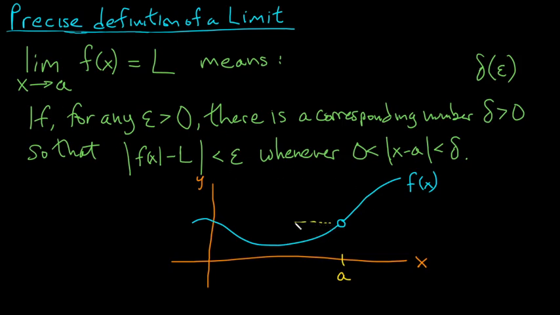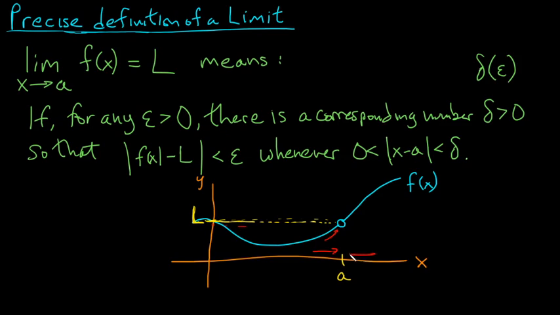So the limit, of course, would be this y value here. I'll call this L. And as I've illustrated before, as these values of x are getting close to a, these values of y are all getting close to L. And that's from the left side.